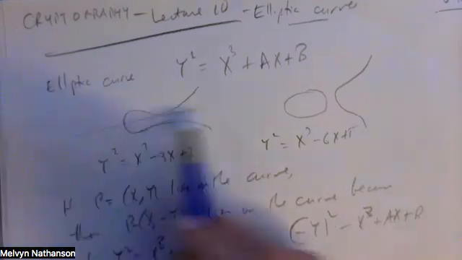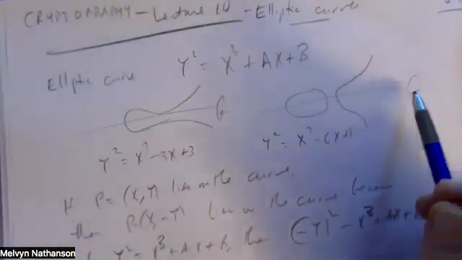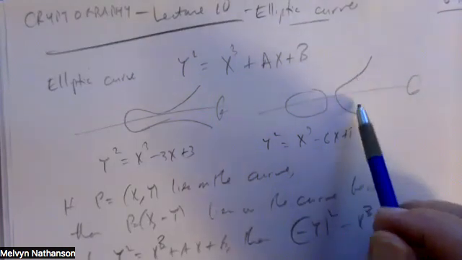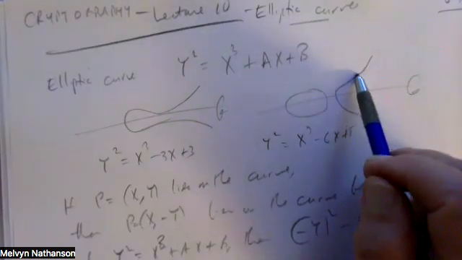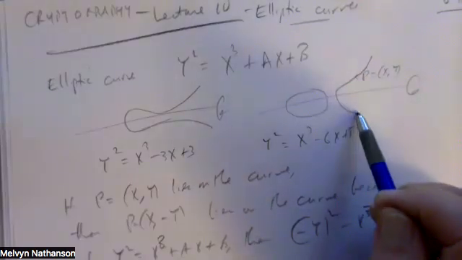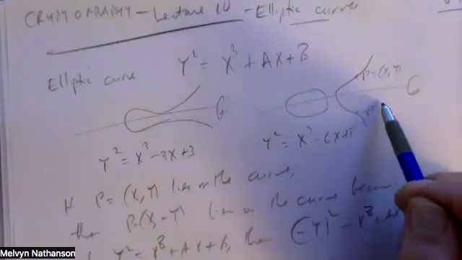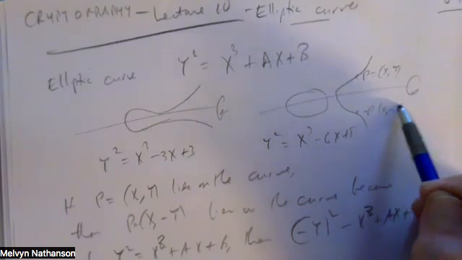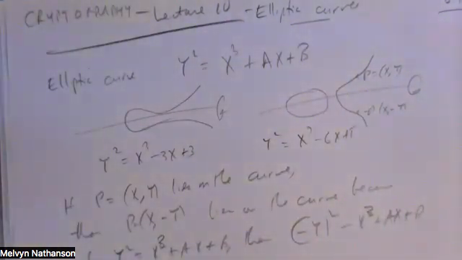So there's always a certain symmetry around the x-axis in an elliptic curve. If you have a point x, y, you have the point x, minus y. So if this is P equal x, y, what I might call minus P is the point with the same x coordinate, but the opposite y coordinate.